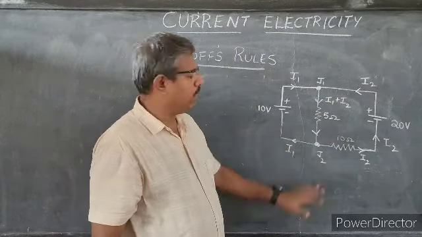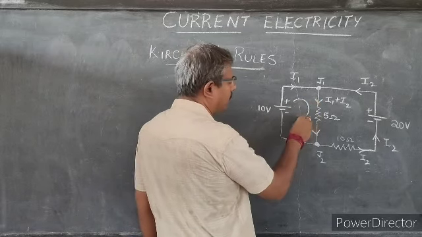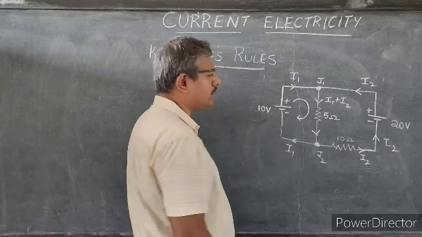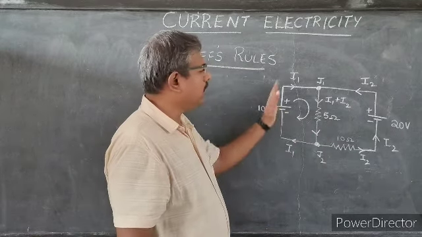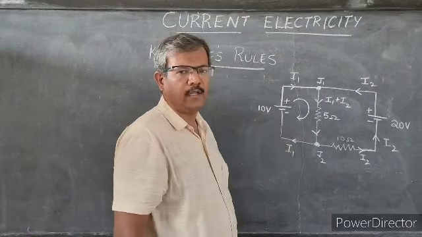Now let me consider these two loops. I assume the clockwise direction, and I go in the clockwise direction in this particular loop. Labeling this as loop 1, I apply the voltage law, or the loop law, over here.